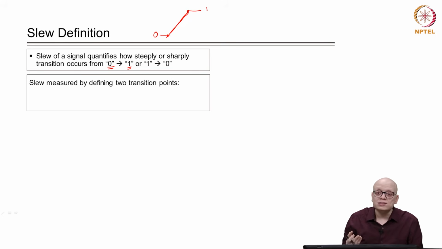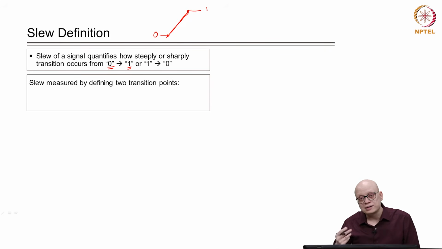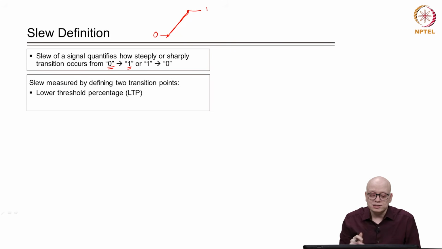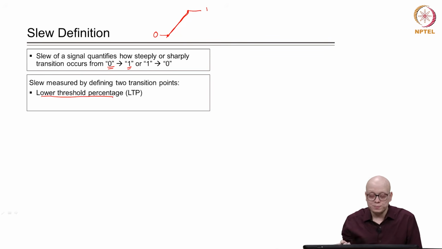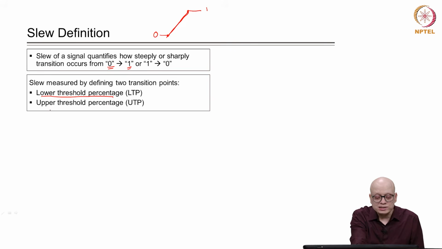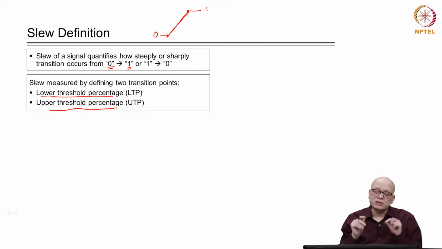Now, to measure this slope, what is done during characterization of a timing library? First, two transition points are chosen. These transition points are known as the lower threshold percentage (LTP) and the upper threshold percentage (UTP), and this information is present in the header of the technology library.